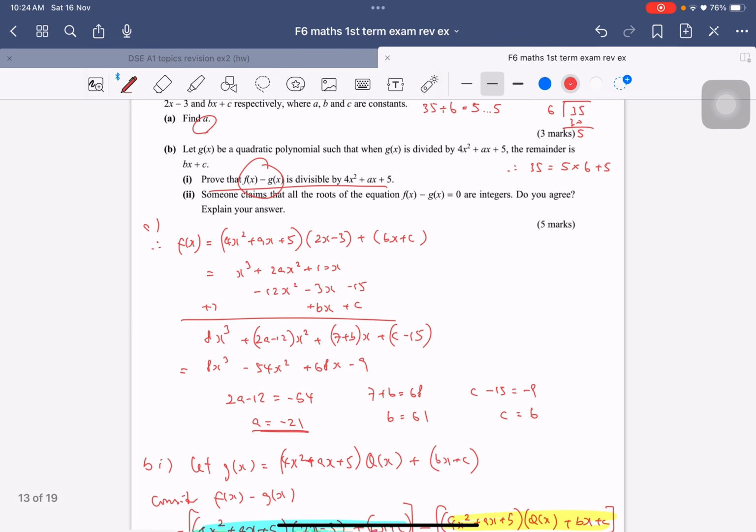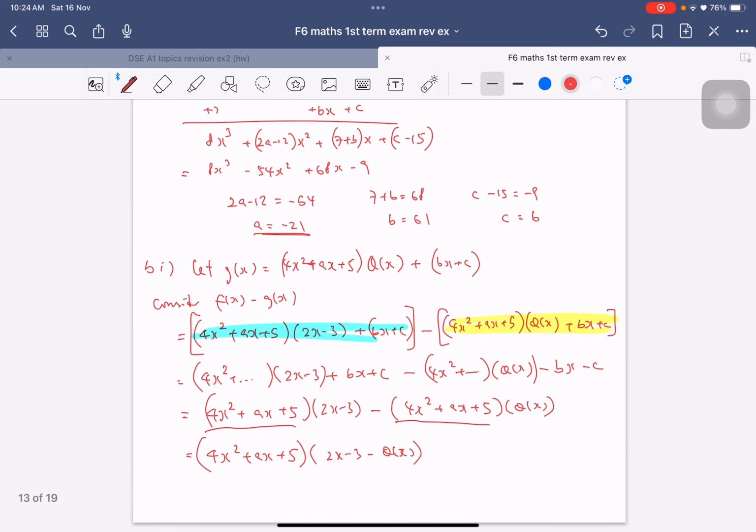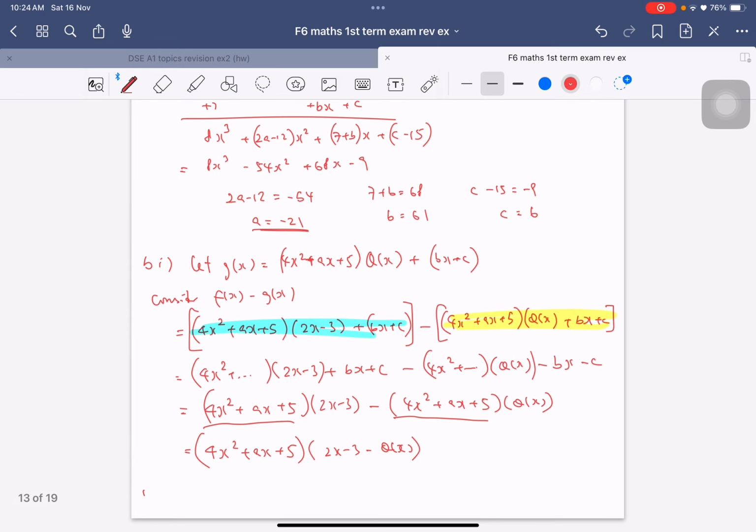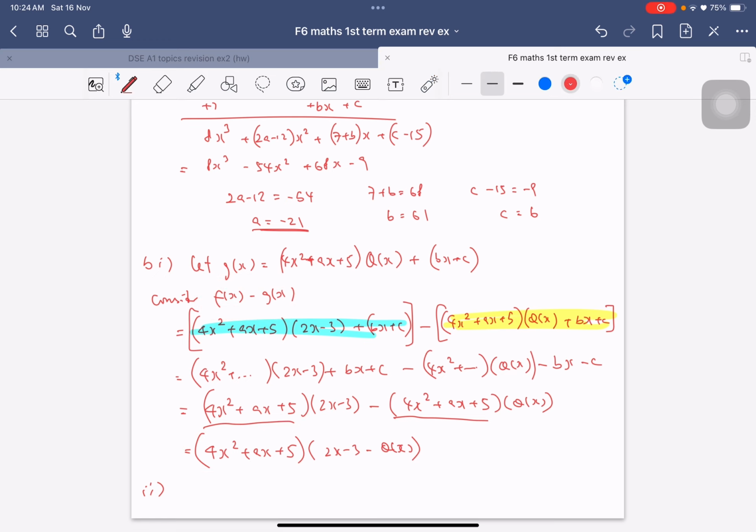Now someone claims that all the roots are integers. For B2, f(x) minus g(x) equal to 0 just means 4x squared, with a equal to negative 21, plus 5 equals 0.